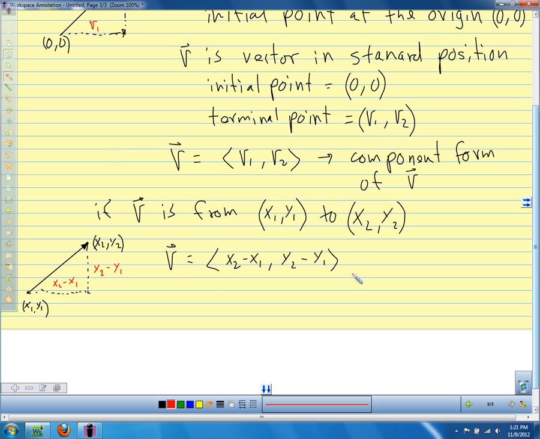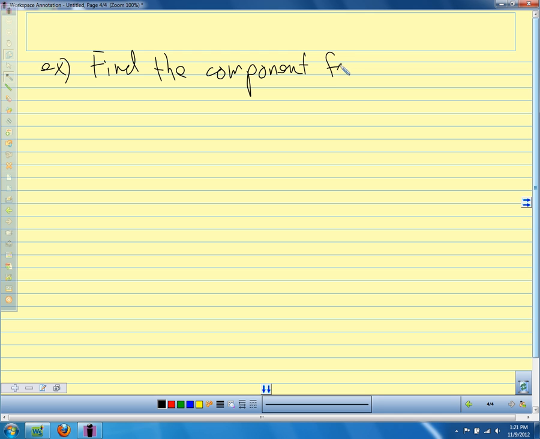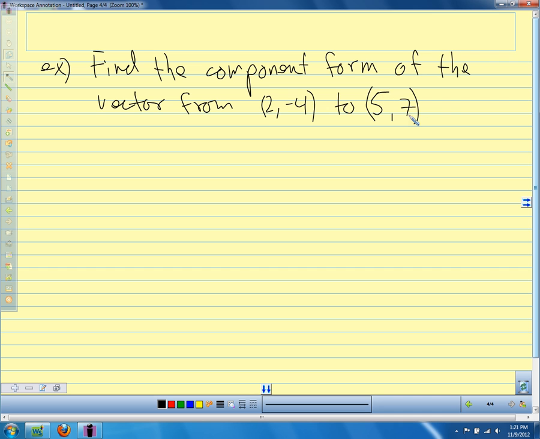All right, let's look at an example using component form. So we want the component form of the vector from the point 2, -4 to 5, 7 and its length or magnitude.